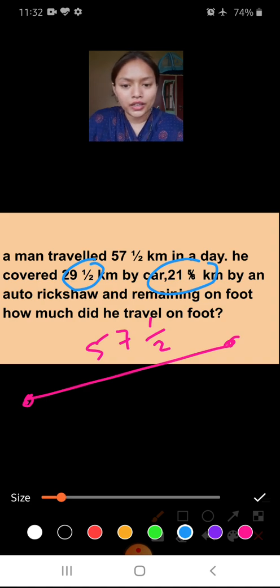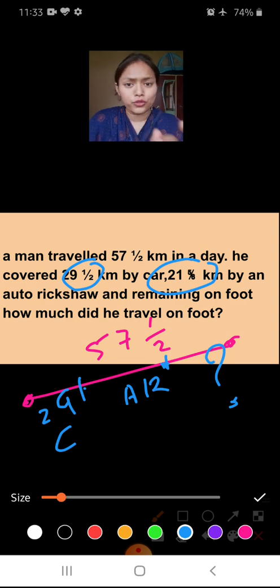Now 29 and a half he is covering by car, and next 21 and 5 by 6 by auto rickshaw, and whatever is remaining by foot.